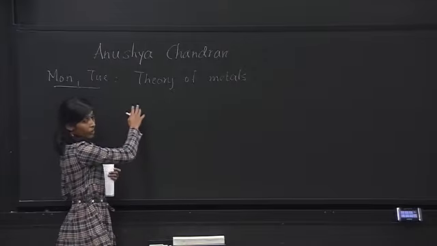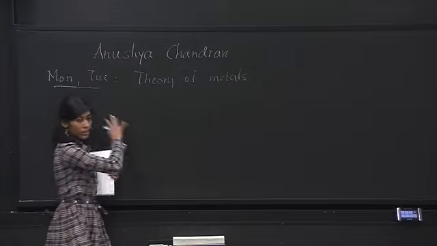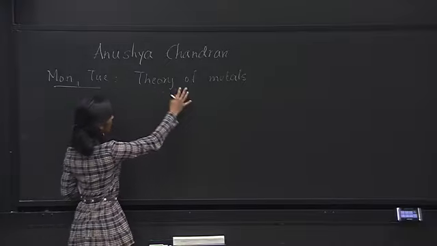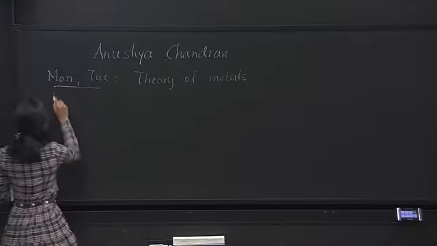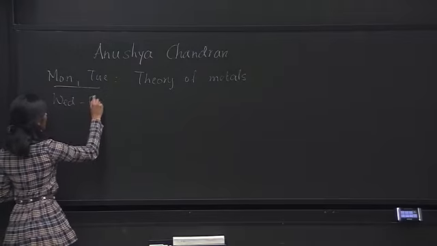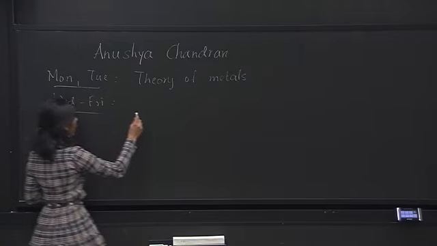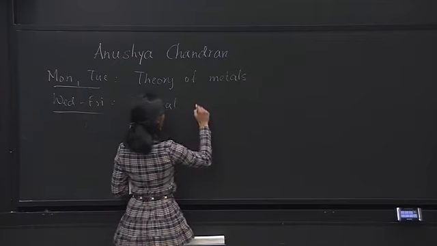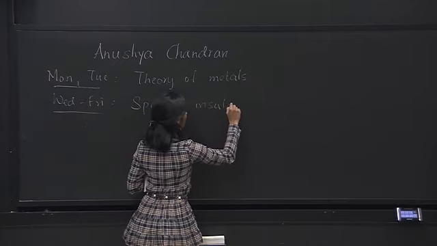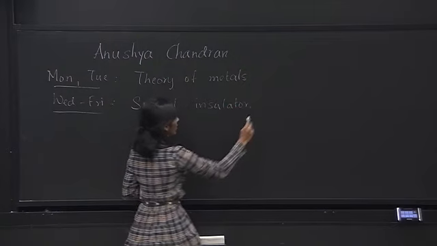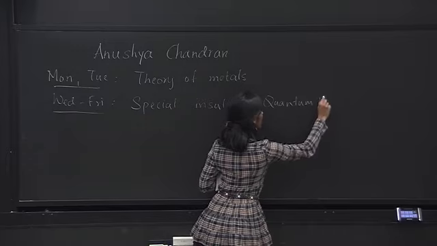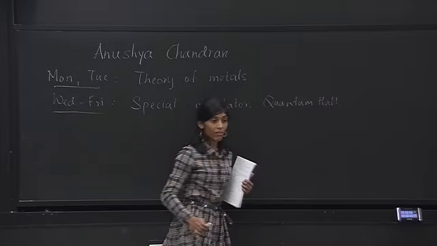Tomorrow we'll talk about the Fermi liquid theory of metals, which is how to think about interactions and explain the properties of metals. And then Wednesday to Friday, we'll switch gears a bit and talk about a special kind of insulator, which you may have heard of before.